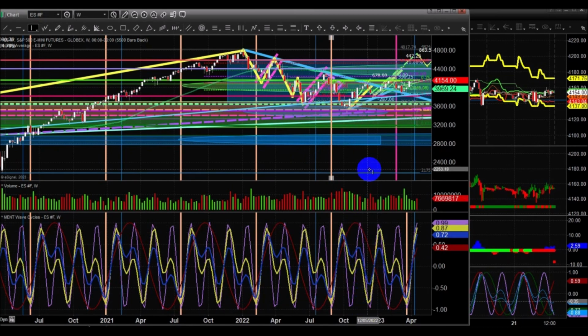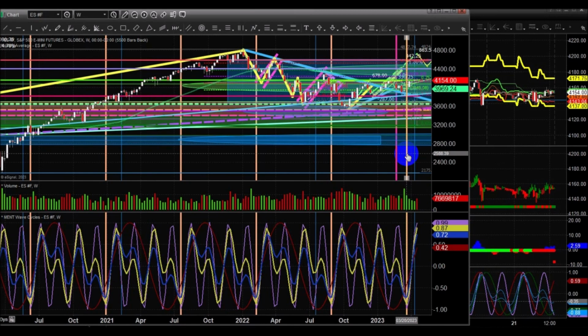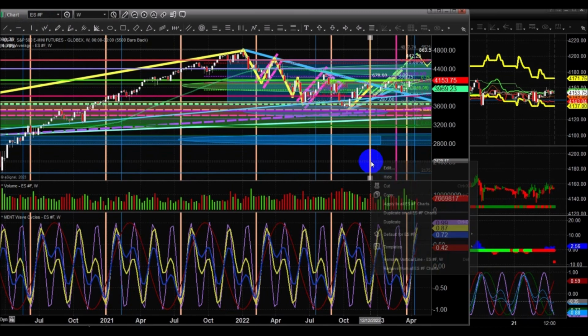So I'm going to set this up as an alternate cycle. I want to set this up here, make sure I'm on the right one. There we go, and I'm going to set this up as an alternate cycle low. So this is essentially an alternate cycle low right here.